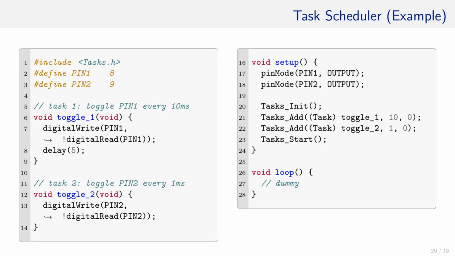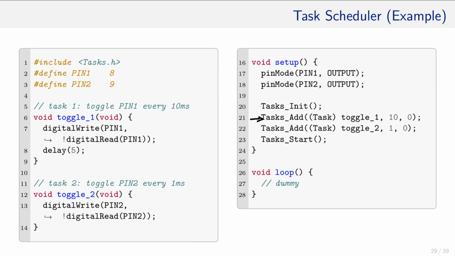Tasks and functions are defined and then added to the scheduler. The first parameter of tasks add is the function, followed by the time interval in milliseconds in which the task is executed again, and a third parameter defining a delay before the first execution.